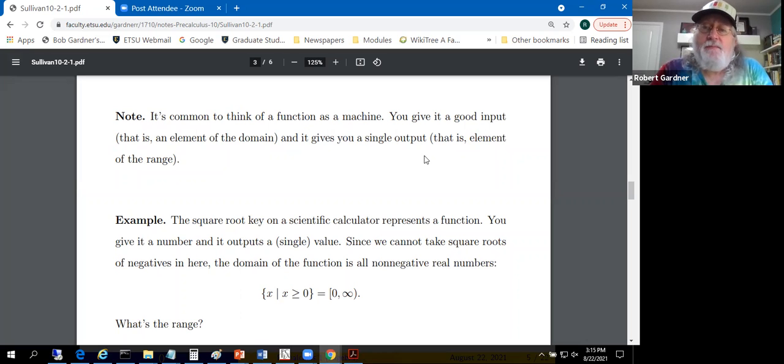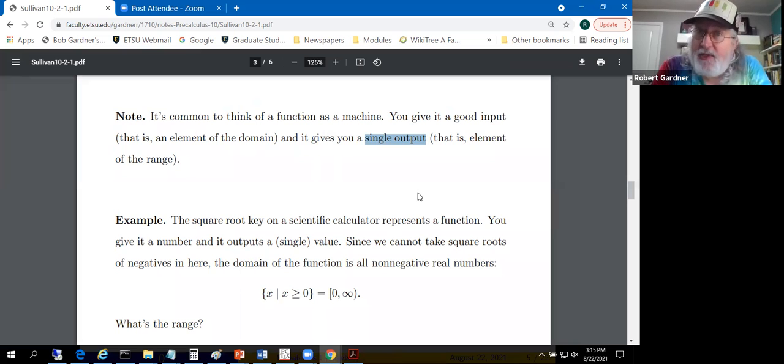You put good stuff in, you get a single output. This goes back to when we talked about square roots. Remember, square roots are never negative. The square root of 9 is +3. Put it in a calculator. Enter 9, hit the square root key. It gives you 3 out. It doesn't give you -3.